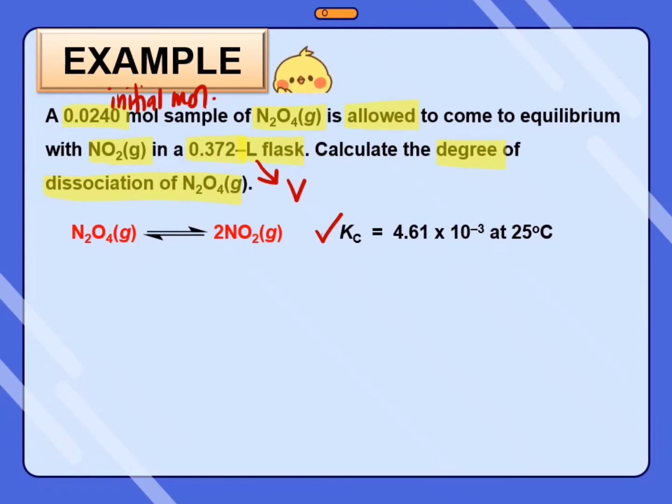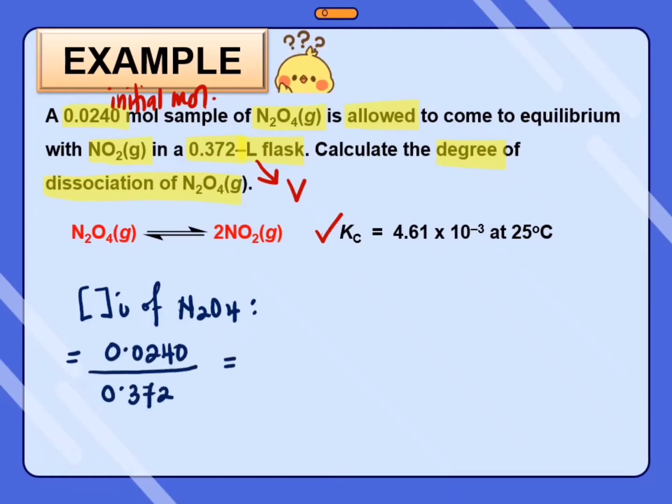You can calculate the initial concentration of N2O4, where moles divided by volume. So this is the initial concentration for the reactant, which is N2O4 gas.